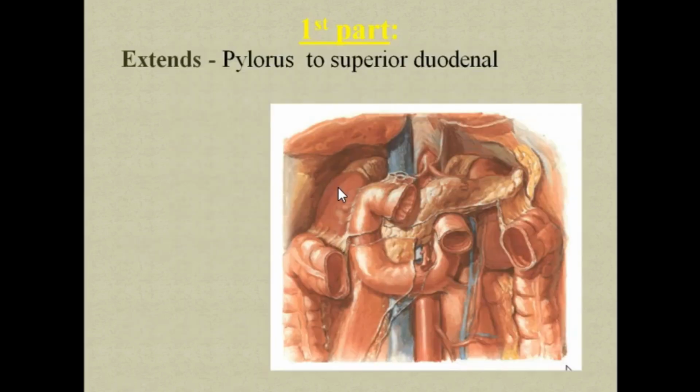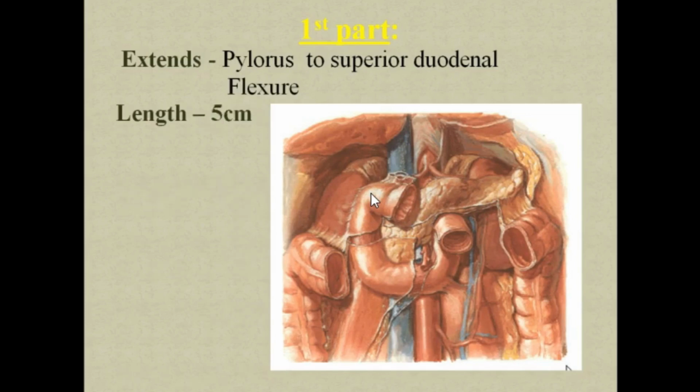So first part we are going to deal with. Talking about the first part, it extends from the pyloric part of stomach. Here the stomach part is removed. The terminal or distal part of the stomach we call the pylorus, which continues as duodenum. So the first part is a continuation of the pylorus of stomach till the superior duodenal flexure.